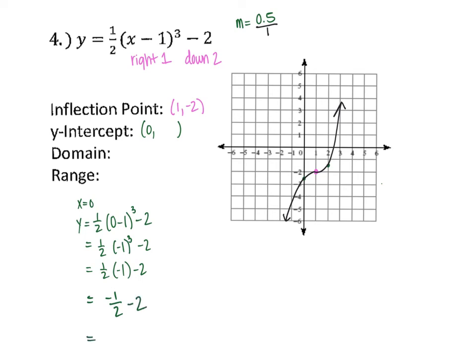And if I put this in my calculator, negative 1 over 2 is just negative 0.5, minus 2. So that is going to be negative 2.5. I'm just going to keep it as a decimal. So my y value in this case is negative 2.5. So I'm going to write that here. Negative 2.5.